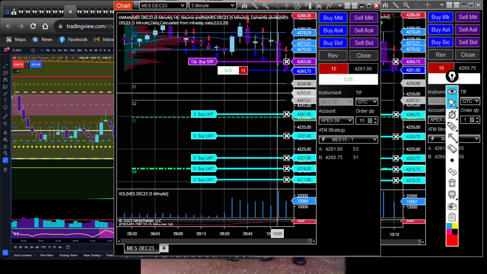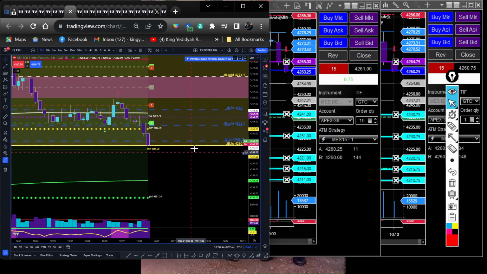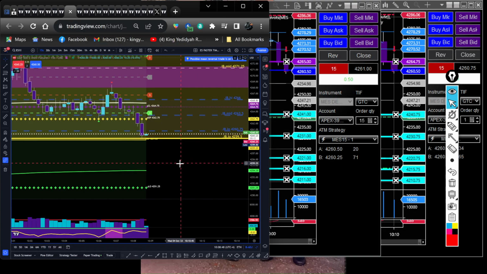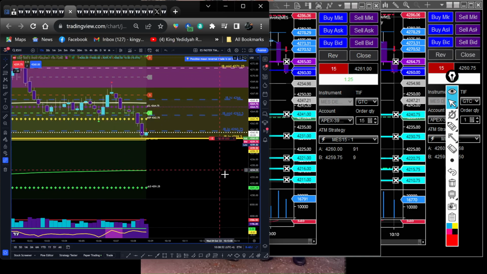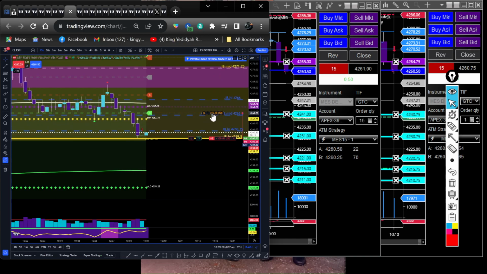All right, so I'm gonna take a short here, trying to move with the momentum. I don't think I'm gonna stay in this trade long though. Let's see if we get some momentum to the downside. My stop is at 42.65, so let's see here, 42.65.